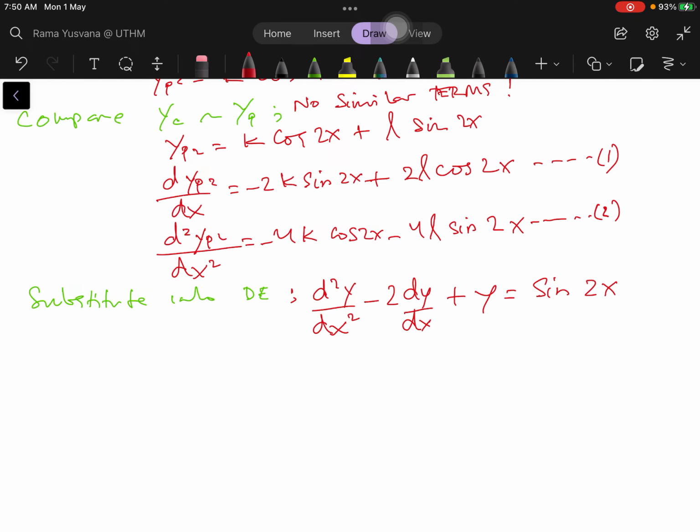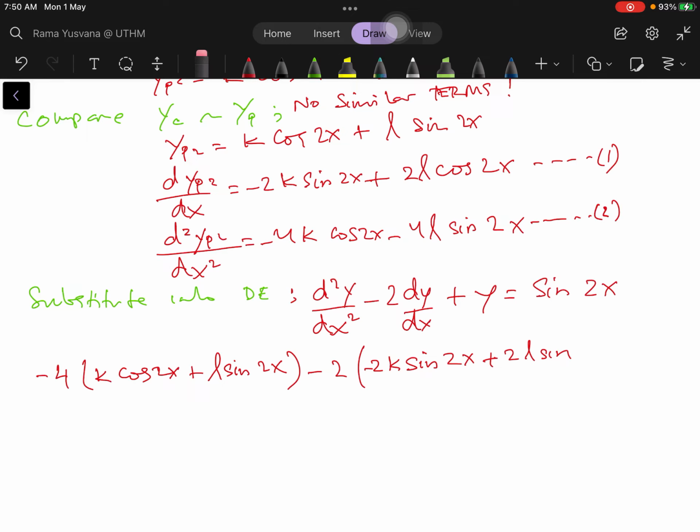So now start putting our value of the second derivative, d square y over dx square, which is minus 4k cos 2x minus 4L sin 2x, minus 2 times the first derivative, which is negative 2k sin 2x plus 2L cos 2x, plus our y, which is k cos 2x plus L sin 2x.